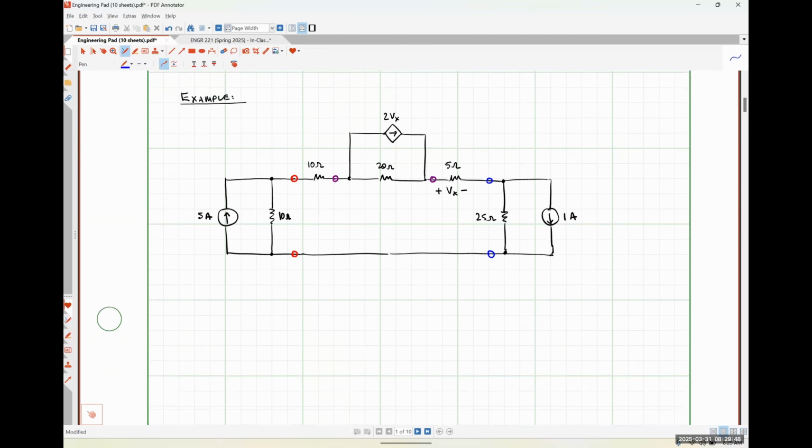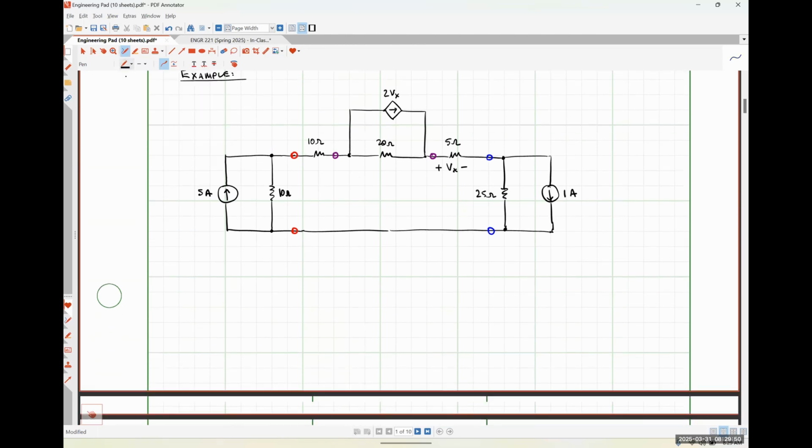So, for example, our 5 amp current source that is in parallel with a 10 ohm resistor might look like this. Here's our 5 amp current source in parallel with our 10 ohm resistor.